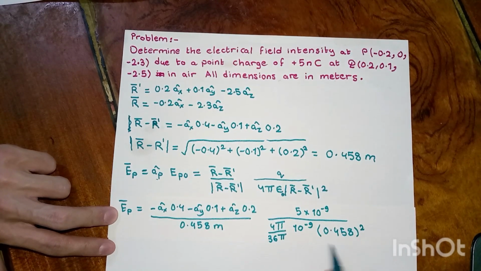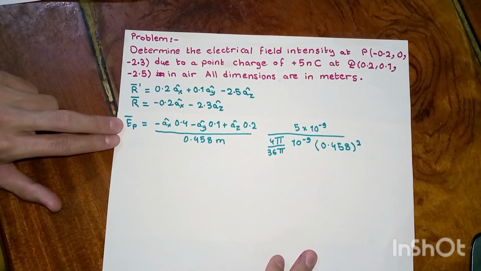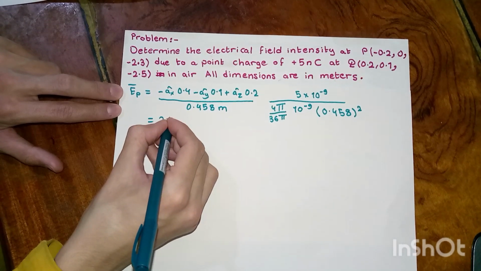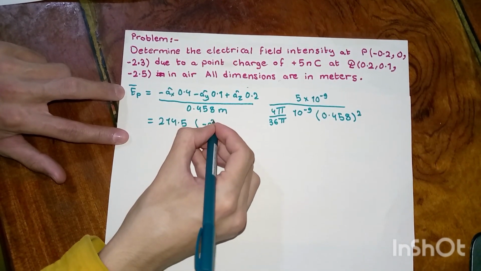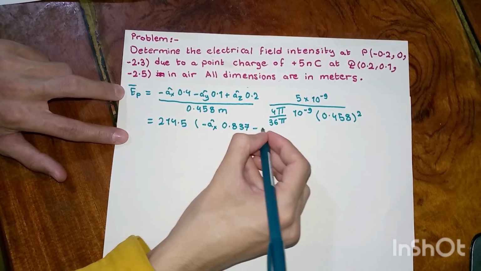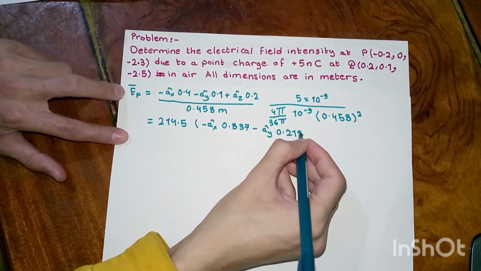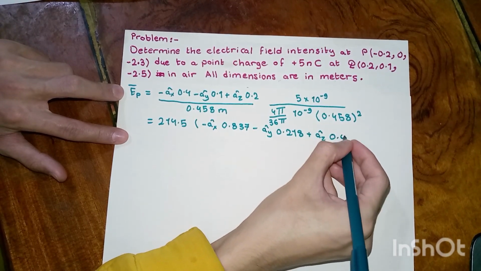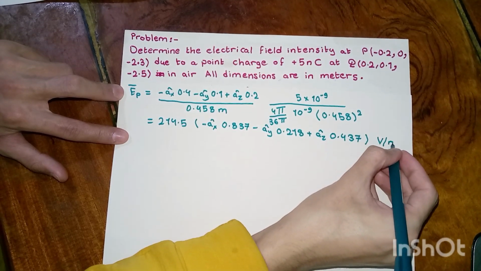0.458 meter. We calculate these parameters, and we will end up with 214.5 times minus a sub x 0.837, minus a sub y times 0.218, plus a sub z times 0.437, and the unit is volt per meter.